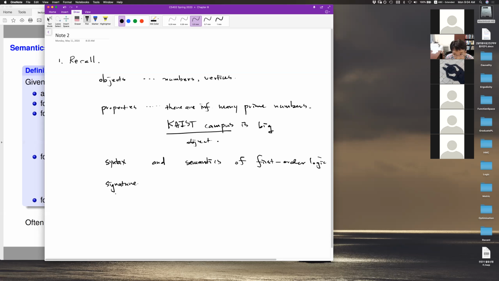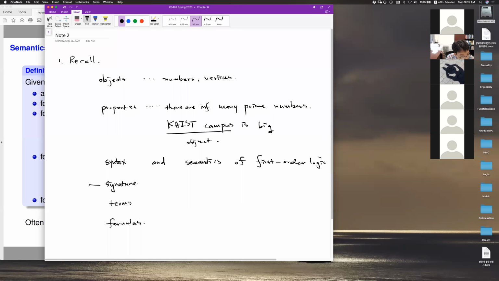Once the signature is given, it decides the so-called terms, and also the so-called formulas. Terms are the syntactic entities which can denote objects. Formulas are syntactic entities that can denote properties. Okay?